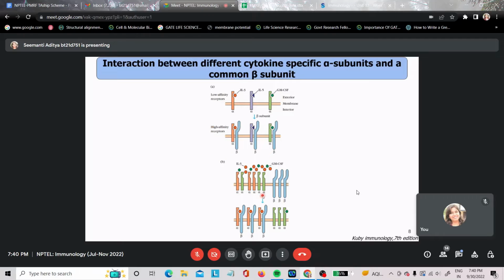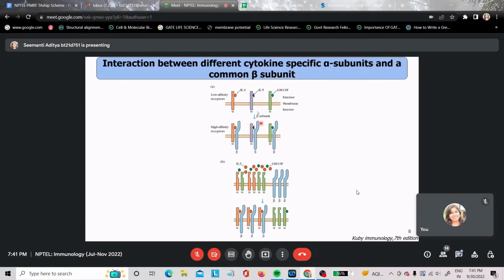Now here there could be a problem. If there is more IL-3 or IL-5 in your system, then IL-3 and IL-5 will bind to the alpha subunits more, and GM-CSF will bind less. The beta subunit bound to the alpha subunits of IL-3 and IL-5 will be higher as compared to GM-CSF, because we have a limited number of beta subunits, right?